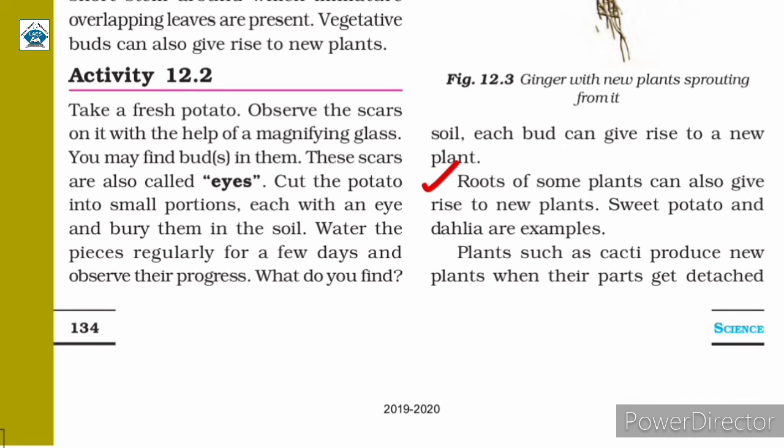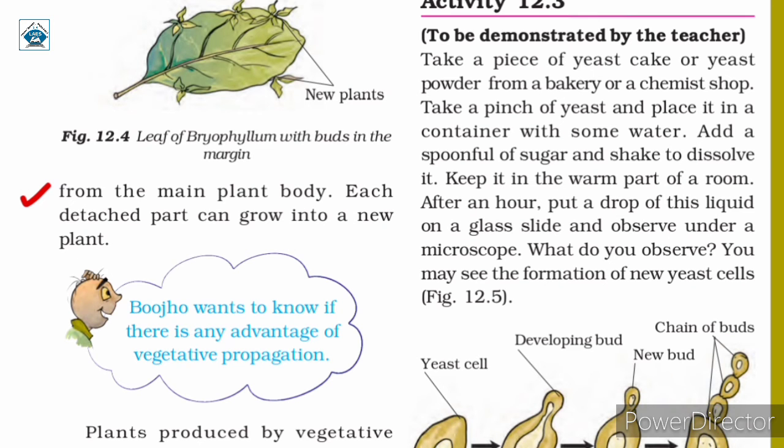Roots of some plants can also give rise to new plants. Sweet potatoes and dahlia are examples. So just like we saw for the Bryophyllum leaf, roots can also give rise to new plants. Examples of such plants include sweet potato and dahlia. Plants such as cacti produce new plants when their parts get detached from the main plant body.